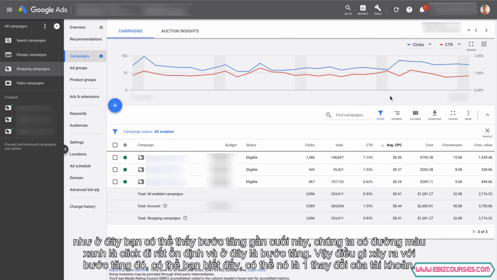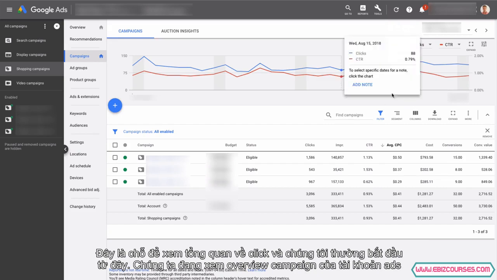Like here, you can actually see a jump towards the end, where you had the blue line of the clicks going pretty steady, and then here we had like a jump. So what happened at that jump? Maybe you know it, maybe it was a change you made in your account. So that's already giving you a little bit of a clue. This is the place where it usually starts from.